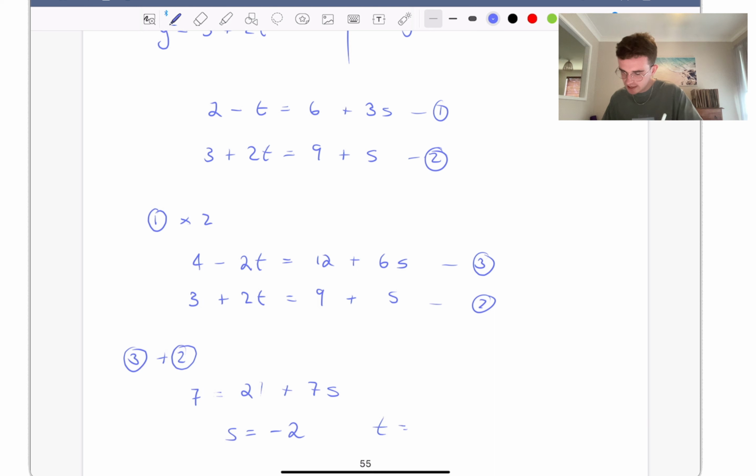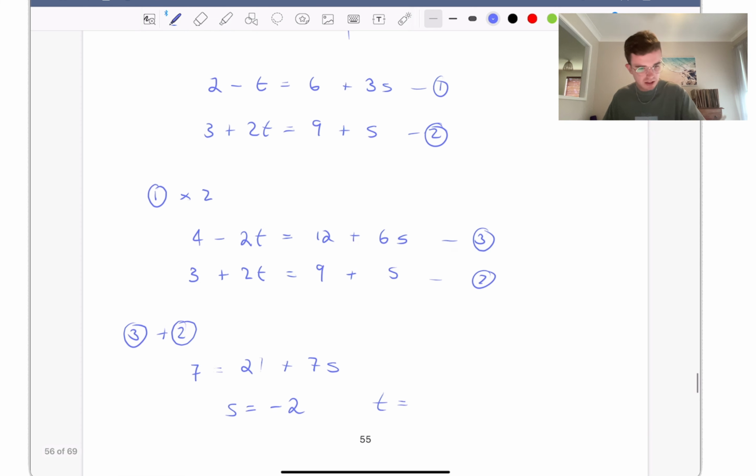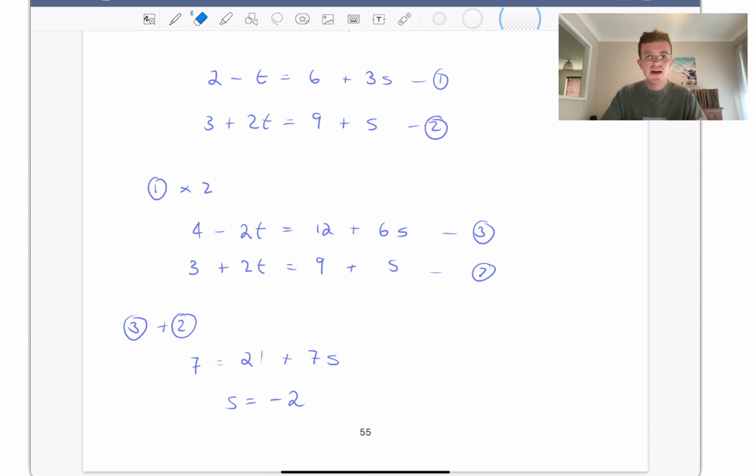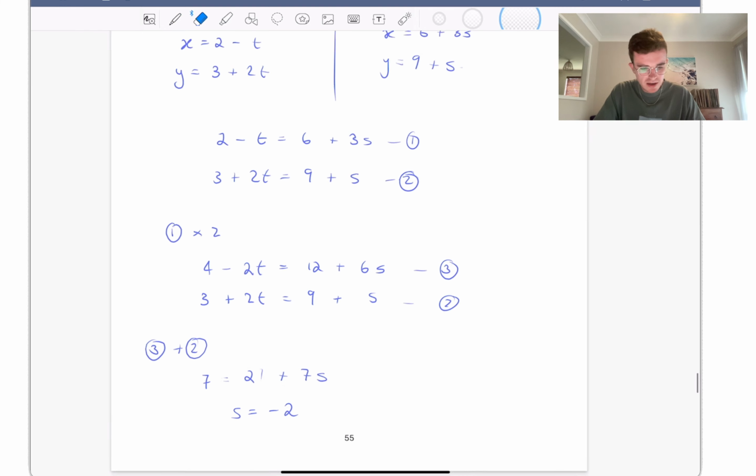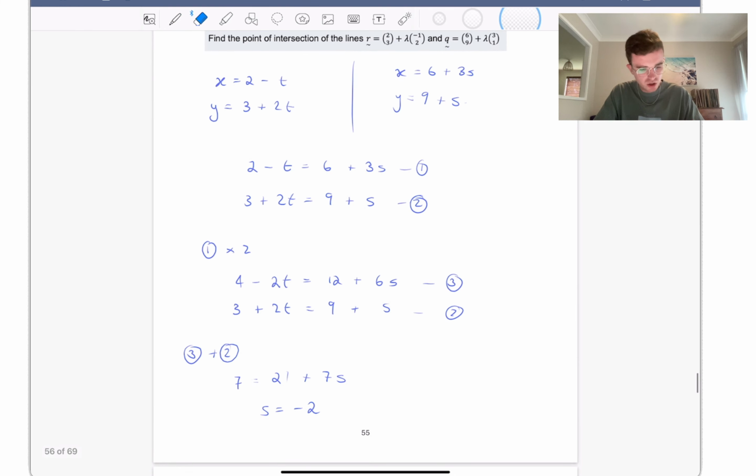And then of course you're going to get t is equal to... I don't actually think we need to find t, because all we have to do is then substitute that into this equation here. So therefore the point x, y is equal to 6 plus 3 times minus 2, which is 0.